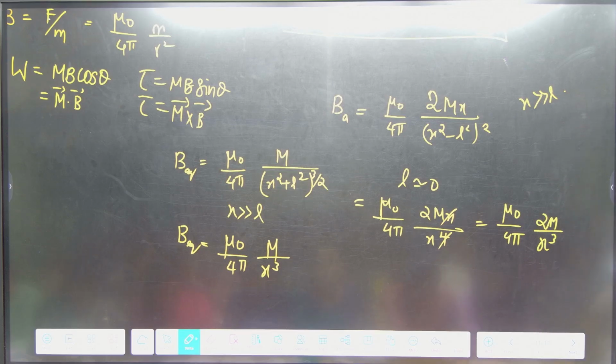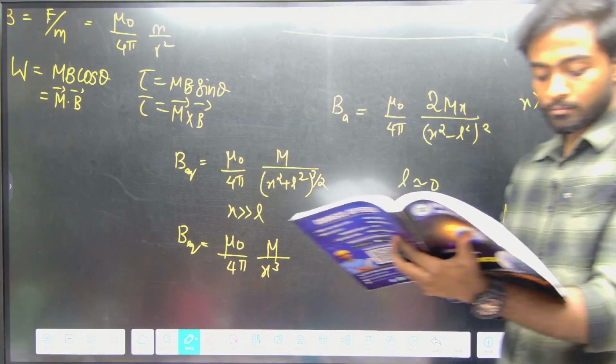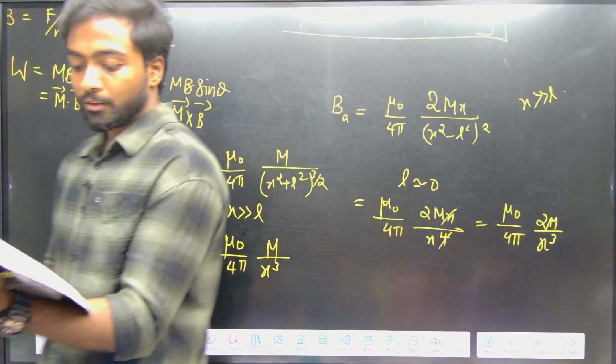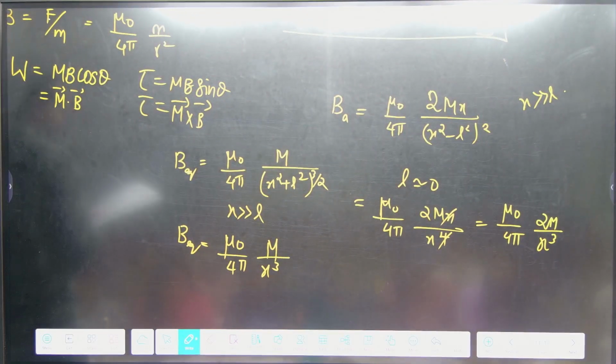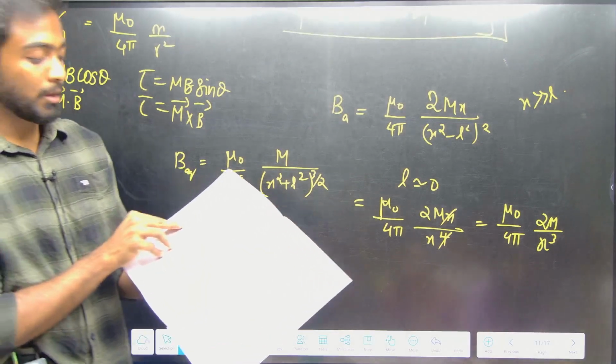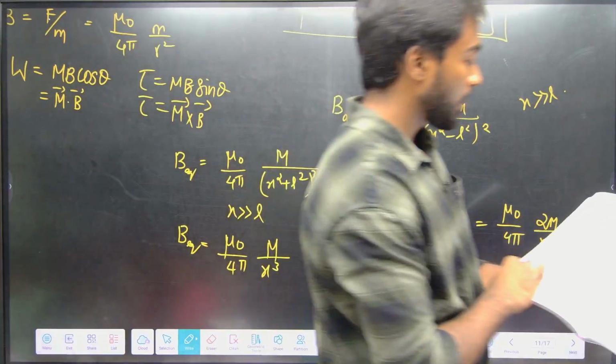So take out page number 218 now. The time period of oscillation, which is nothing but T is equal to 2 pi root over I by mB.